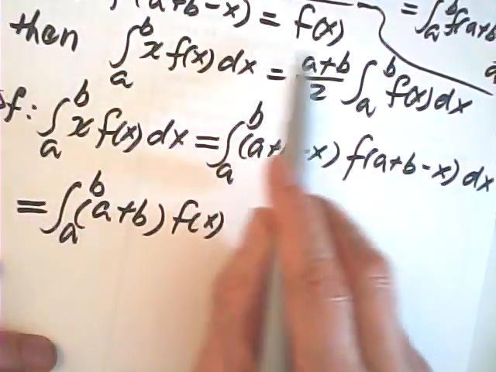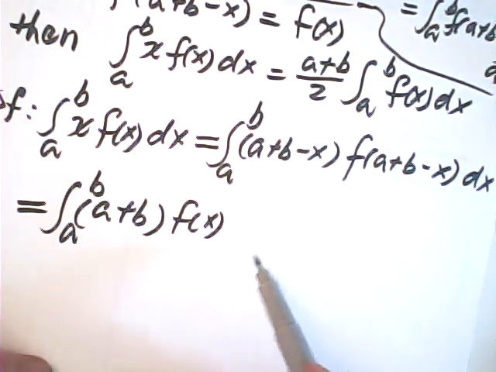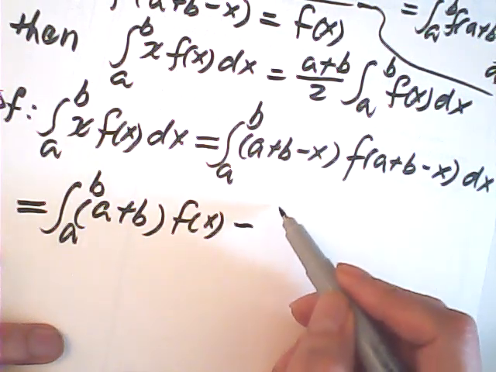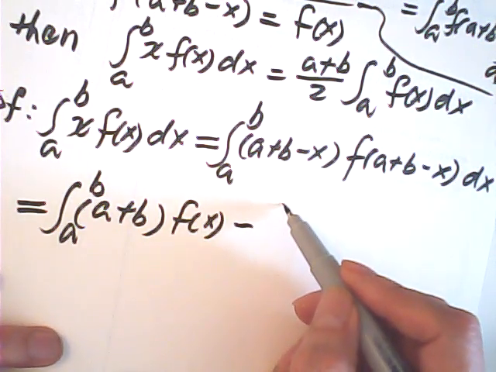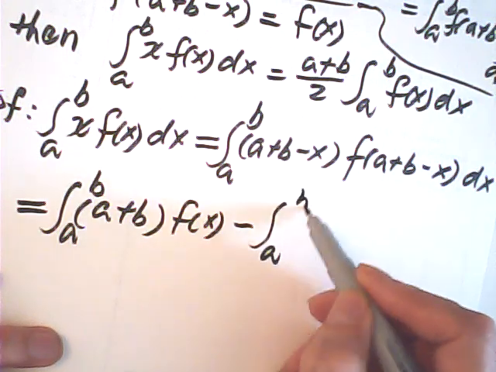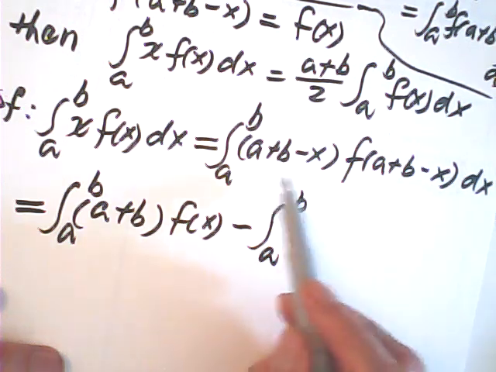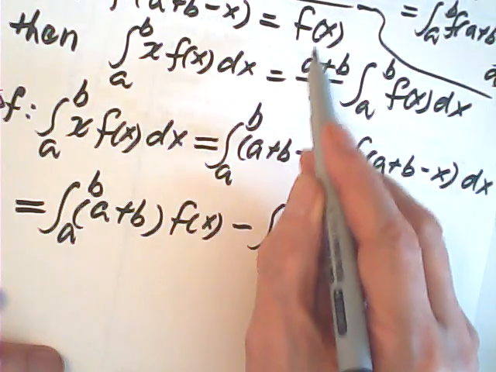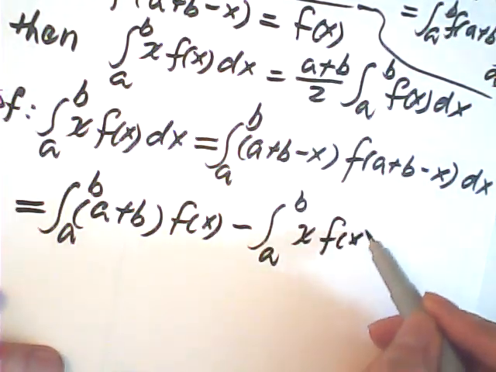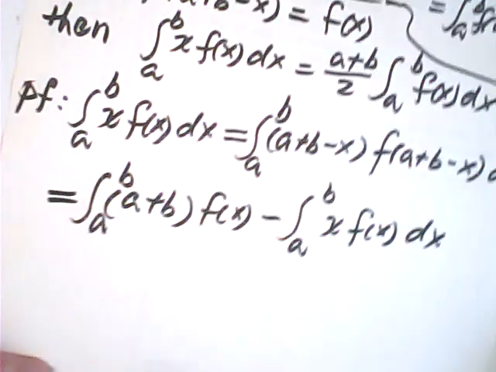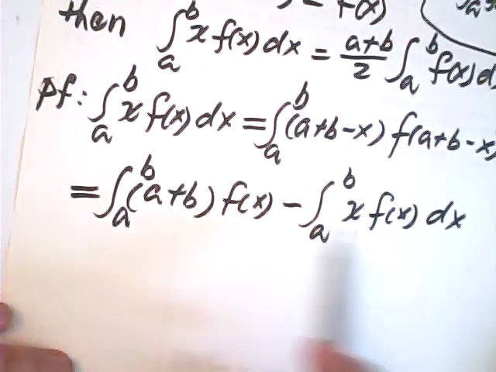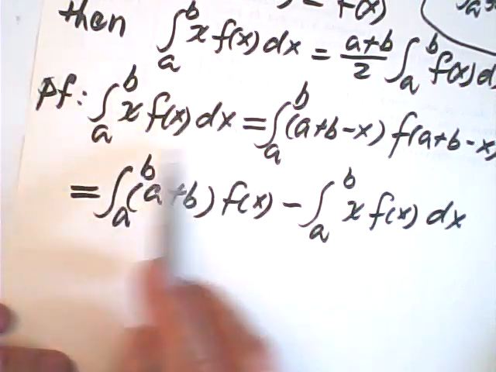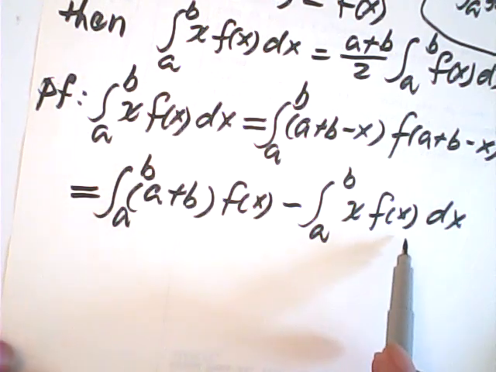This one is equal to f of x as given, right? Then minus the integral from a to b of x times this one. This one is this as given, right? And this is my given integral, which is equal to this one. This is I, right?